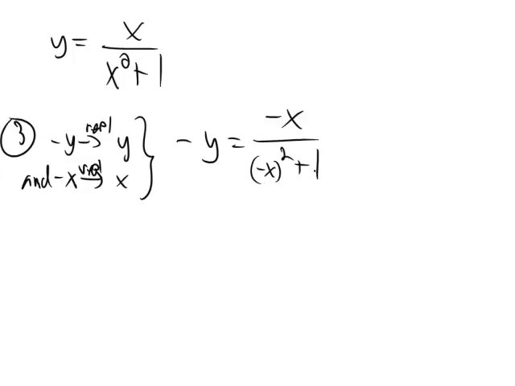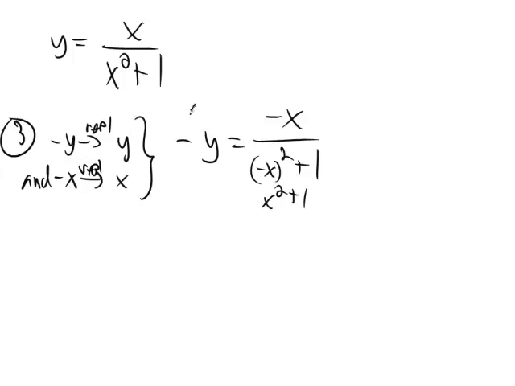So every place I see an x, I'm going to put a negative x. Every place I see a y, I'm going to put a negative y. And I think you end up back where you start. This denominator doesn't change. That stays as x squared plus 1 like we saw last time.